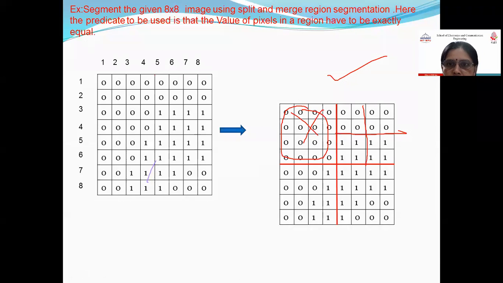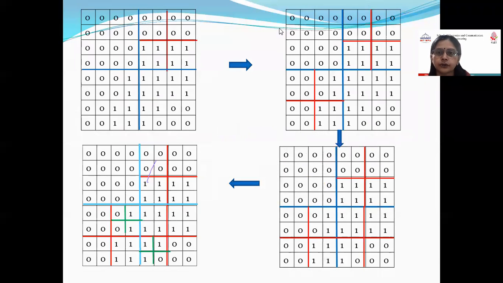So again you can try the split and merge technique on this image. So the process is as shown here. Okay, so if in the given region, pixels have different values, we need to split it further. Okay, so this is the next step. So except the first region, the second, third and fourth we need to split further. Okay, so after this many regions are homogeneous except this region and this region.